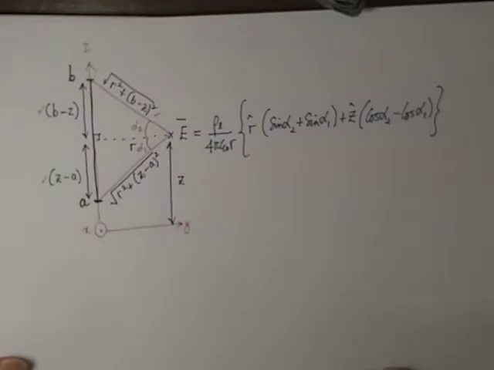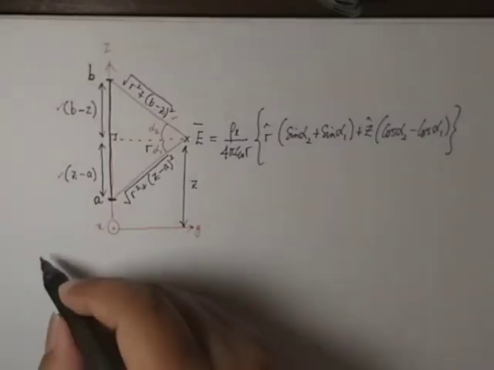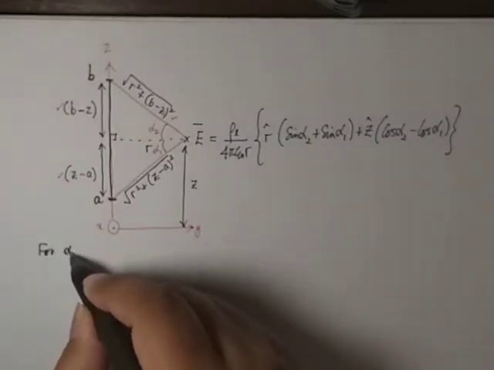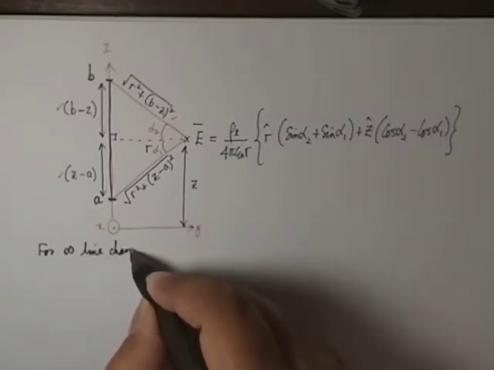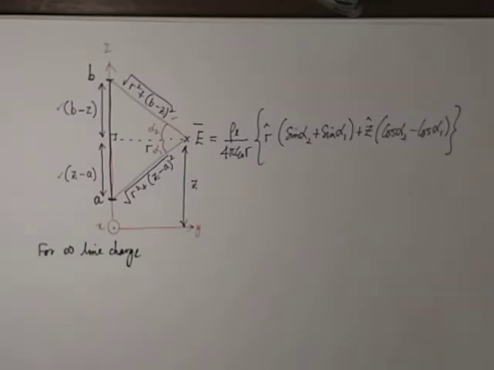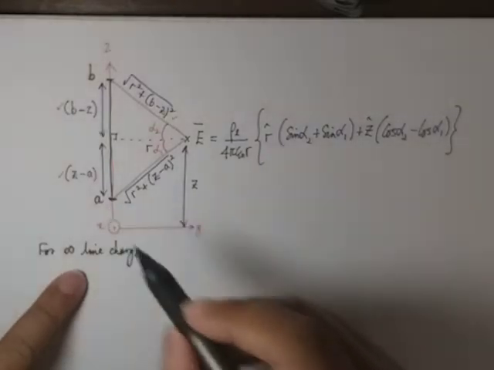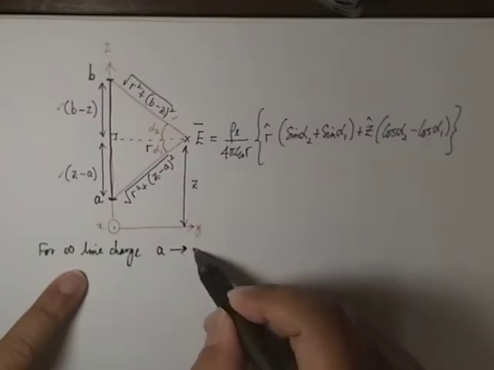Okay, let's go back to our solution based on finite line charge. So let's see, for infinite line charge, what will be the solution that we're going to have? For infinite line charge, we can define now the A position should be located at minus infinity.